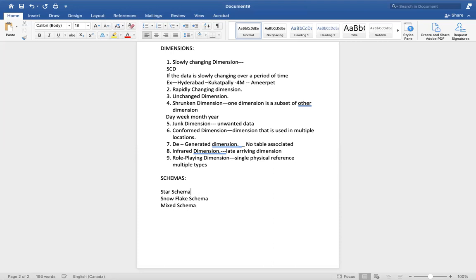So coming to the first one, star schema. What do you mean by star schema? Its structure resembles a star, so it's called a star schema.